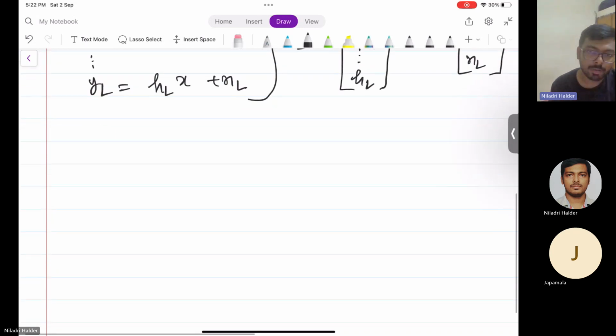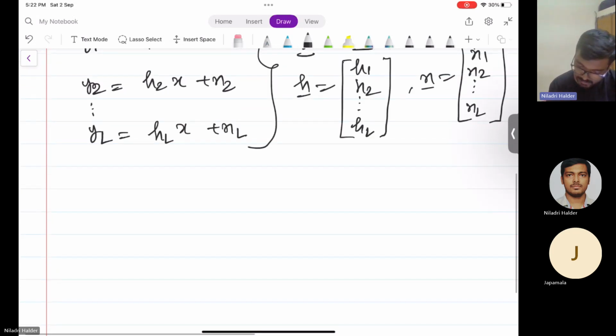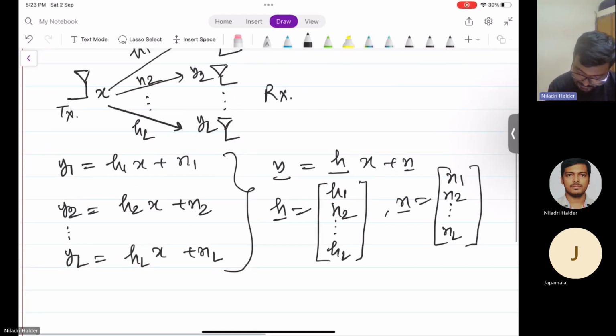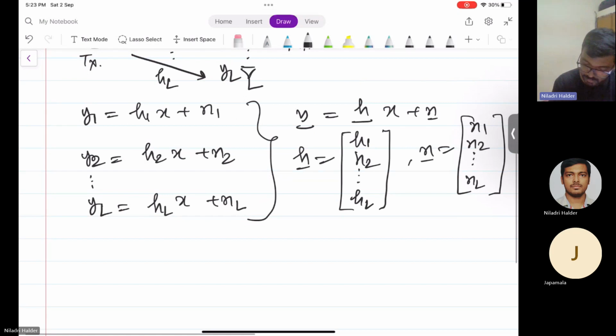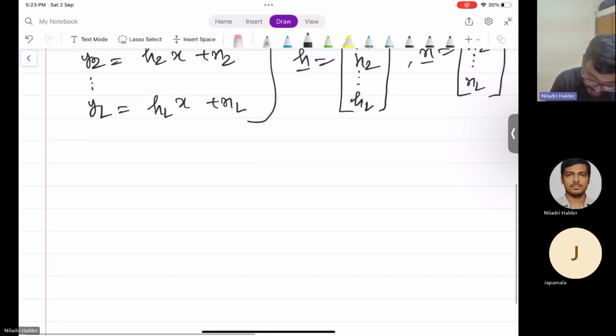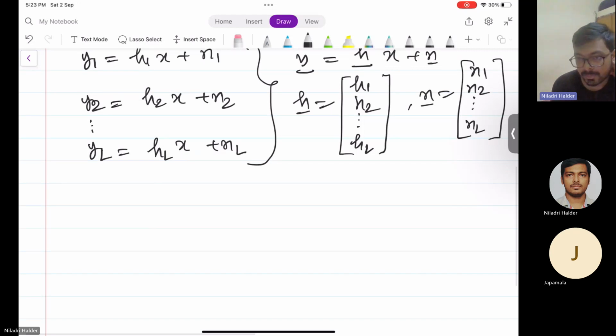Now we will do beamforming. Beamforming is done to recover this x properly, so we multiply another vector with this y.